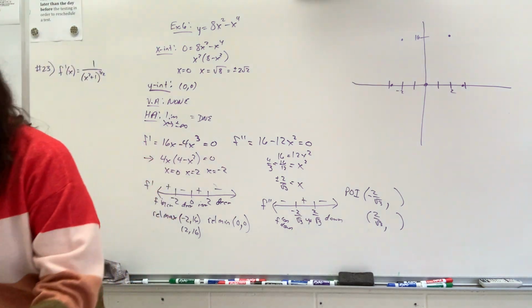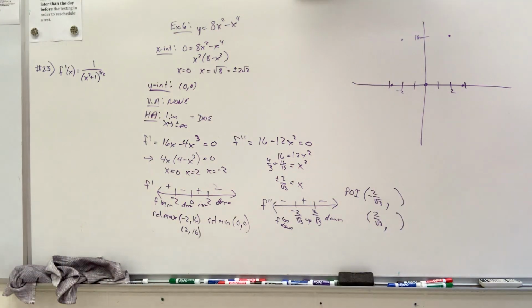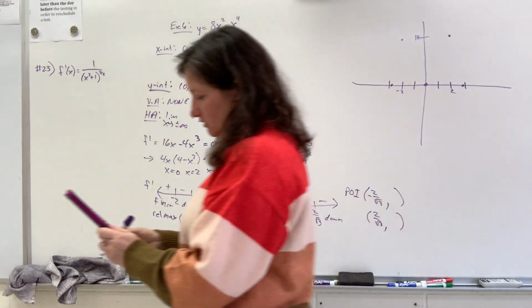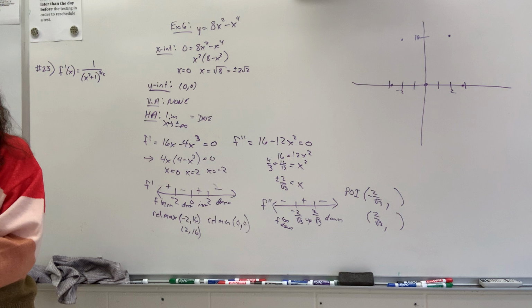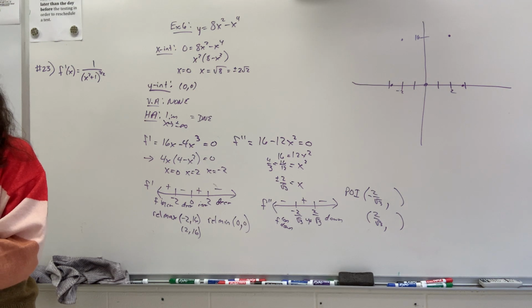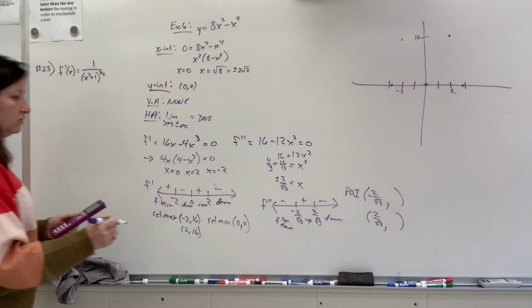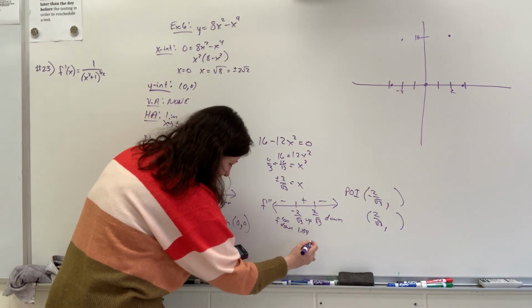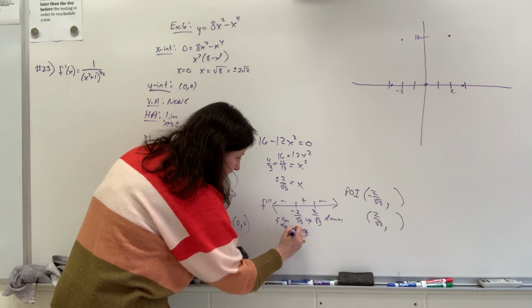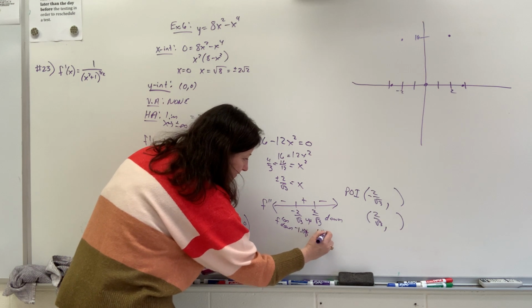So real quick, let me go grab my calculator because I left that back here on my desk. So 2 divided by root 3 is 1.155 and negative 1.155.